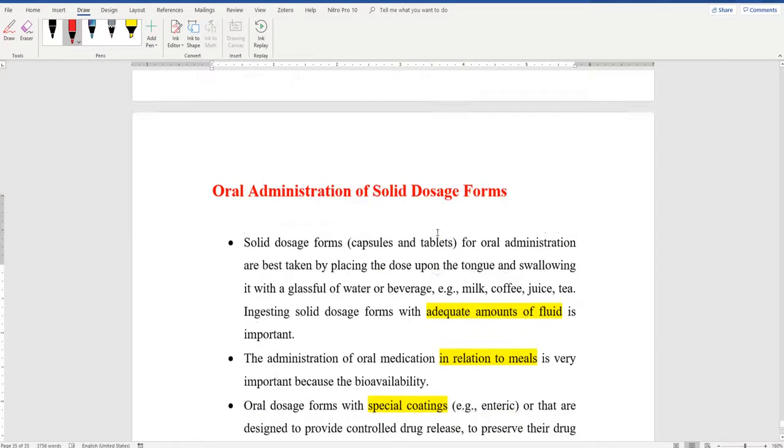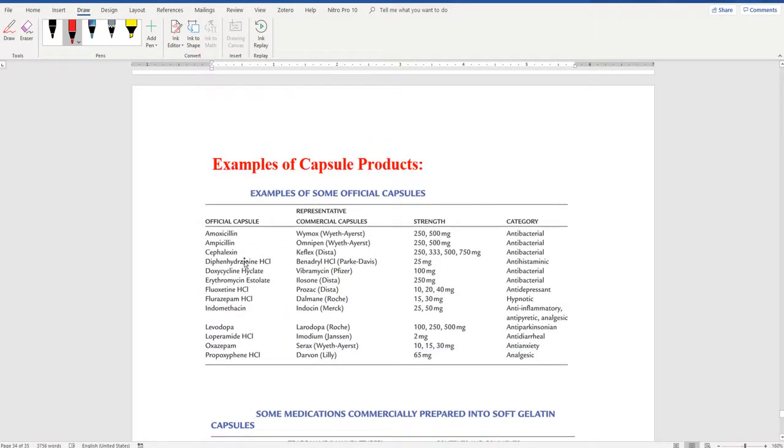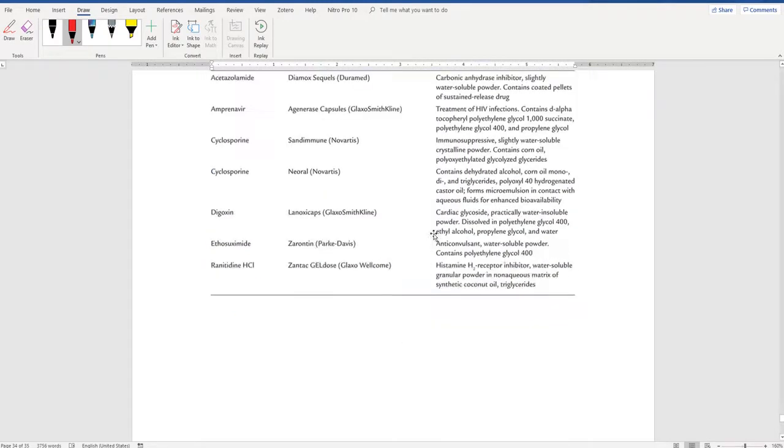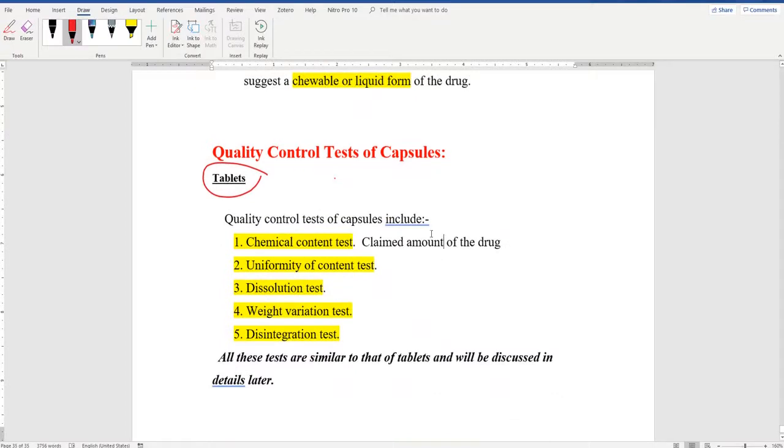For example, if we go back to amoxicillin, it says the strength is 250. We have capsules with 250 milligram and we have capsules with 500 milligram. So if the product is labeled 500 milligram, you need to make sure that this is an accurate claim or an accurate label. In this case, of course, you take a number of capsules and you empty the contents and you analyze whether amoxicillin is available as 500 milligram.